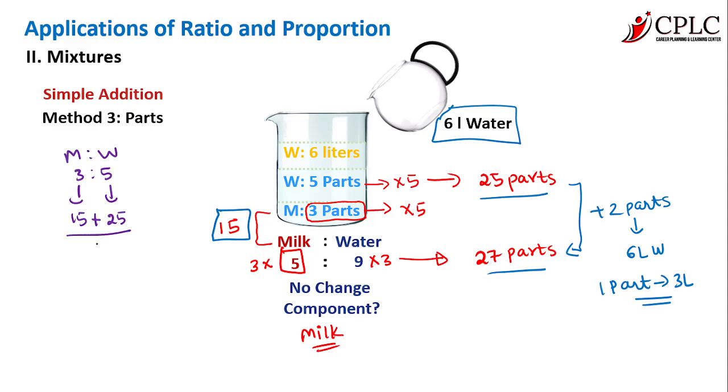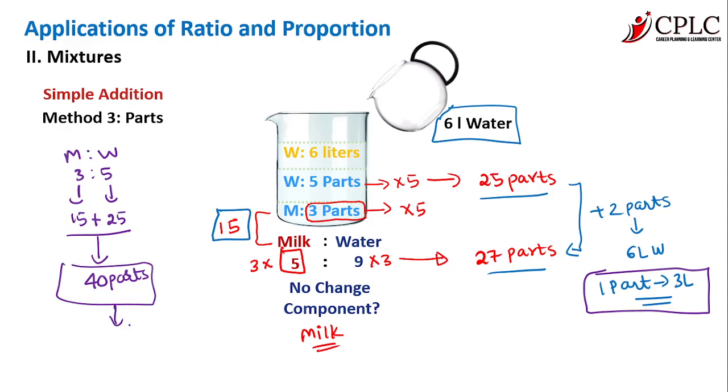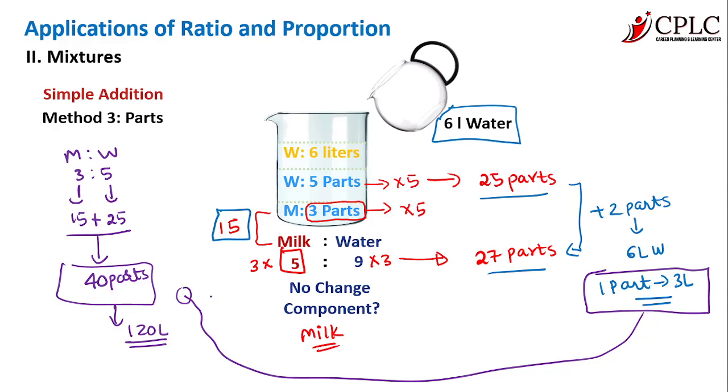So we can say originally there were 40 parts of solution present, 15 parts of milk and 25 parts of water. And we have just seen that 1 part is 3 liters. So of course 40 parts becomes 120 liters, and we end up getting the same answer here as well.